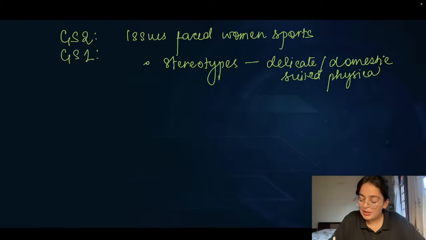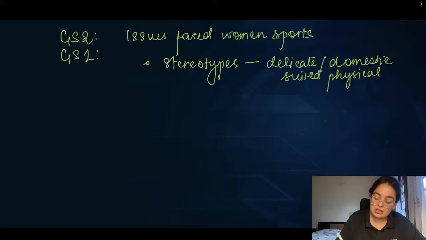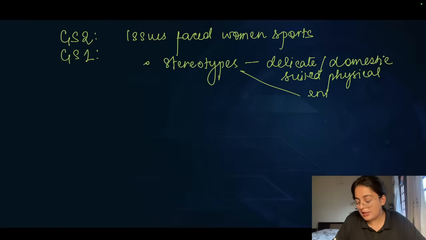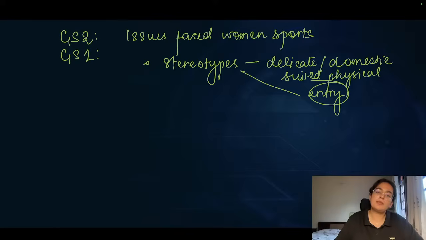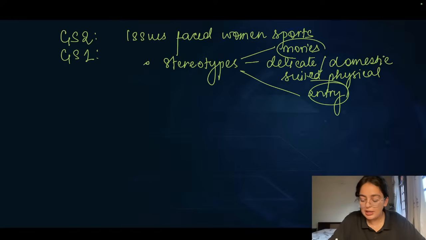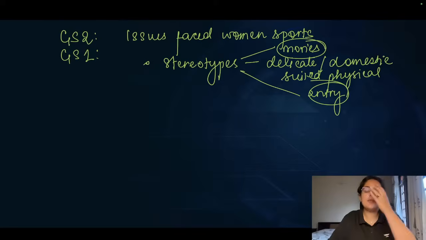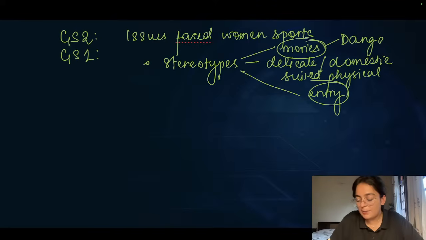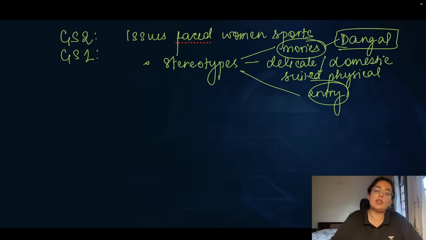This stereotype is restricting first and foremost the entry of various women into sports. There have also been changes, yes. For example, multiple movies and role models have changed this stereotype, this notion, and this discrimination. Movies such as Dangal promoting girl child's entry into sports is something that you can also write about.